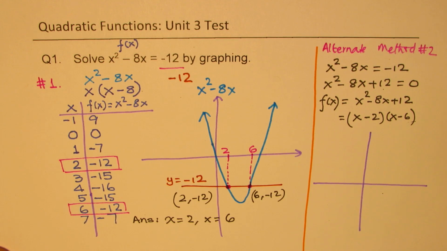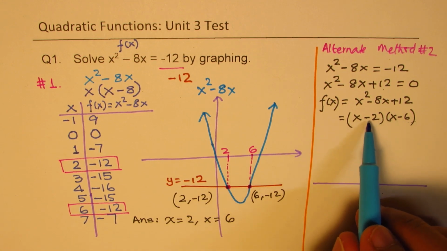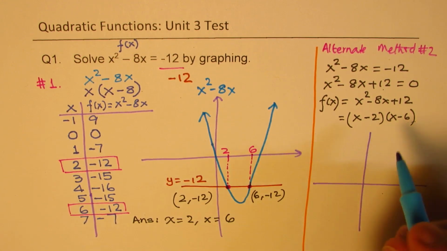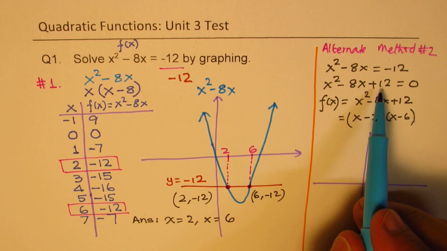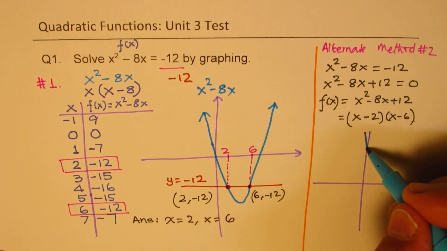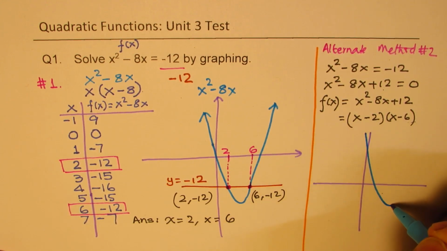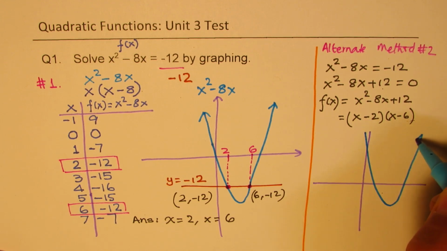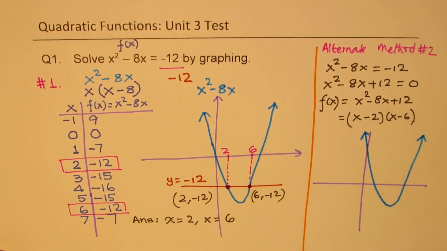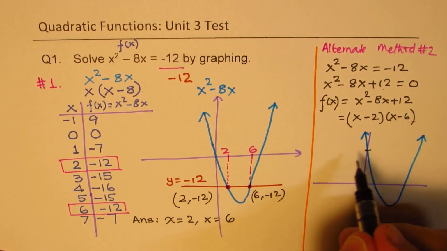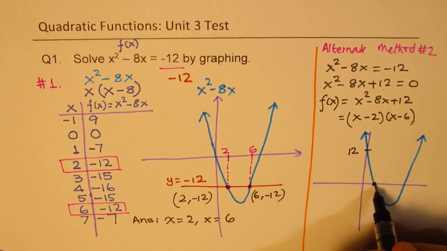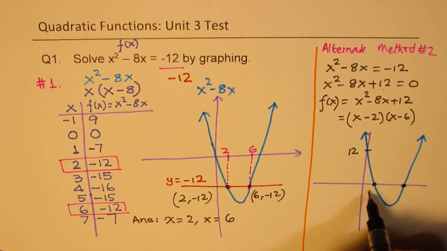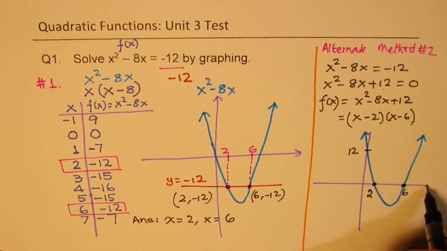So this graph opens upwards since it is x squared, and it has two zeros. The zeros are at 2 and 6, and the y-intercept is at 12. So the graph will be kind of like this. In this case, this point is 12. These 2 points, the zeros, are the solutions, which are at 2 and 6.